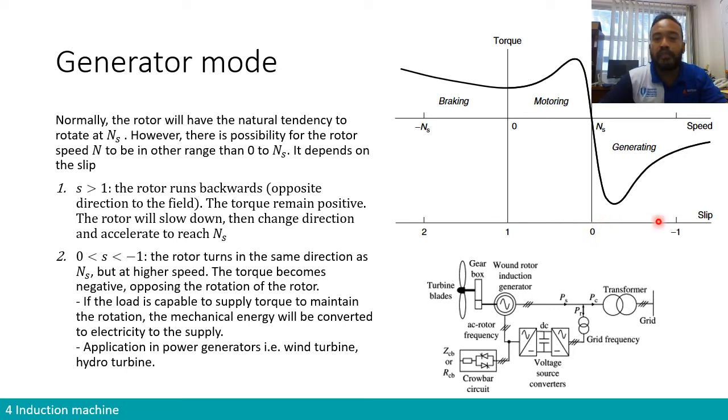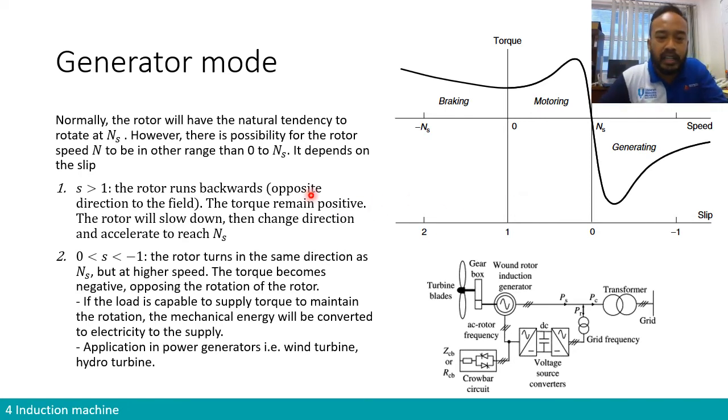The slip is not because the rotor is slower than the synchronous speed, but because the synchronous speed is slower than the rotor speed. It means you have a certain synchronous speed, but your rotor is rotating faster than it. Basically, your rotor is being driven by an external force so that it rotates faster than the synchronous speed.